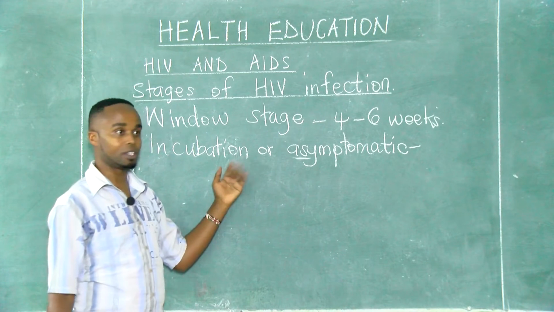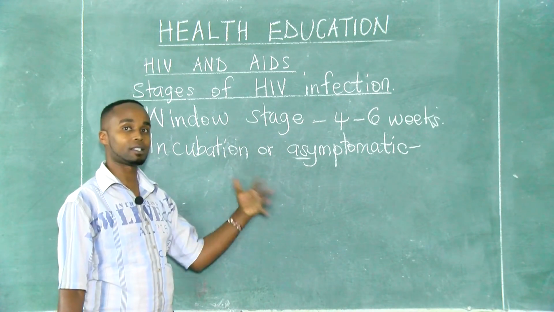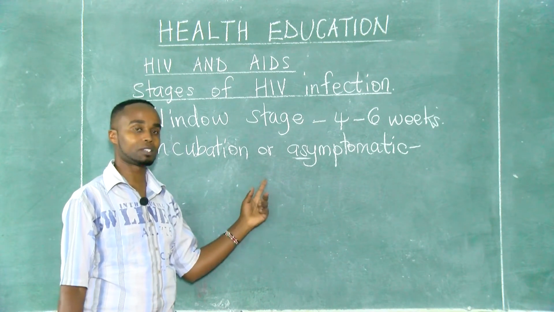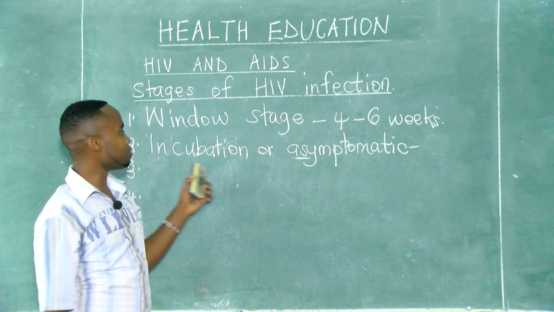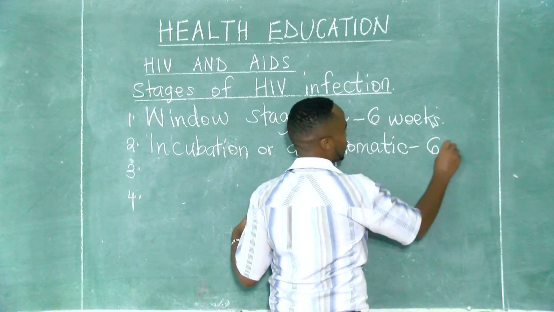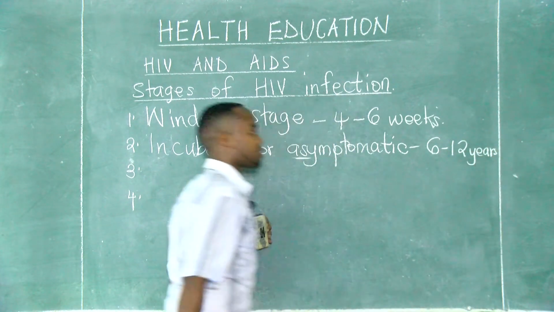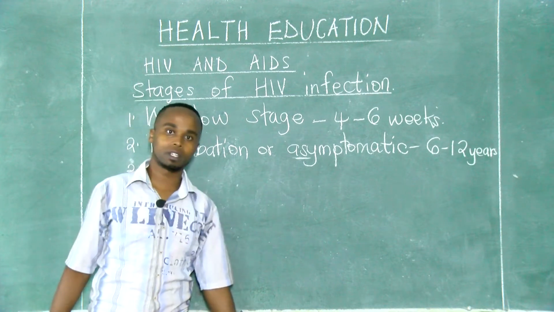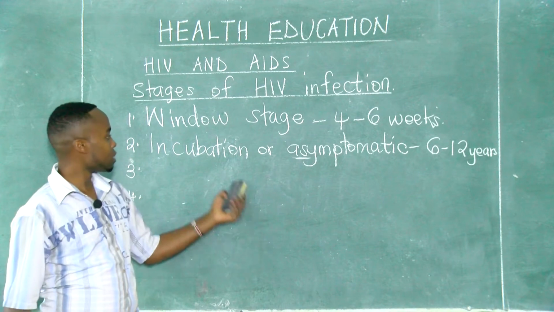But for this stage, the incubation or asymptomatic stage, the results would be positive. It lasts for about 6 to 12 years after infection. So this is the second stage.